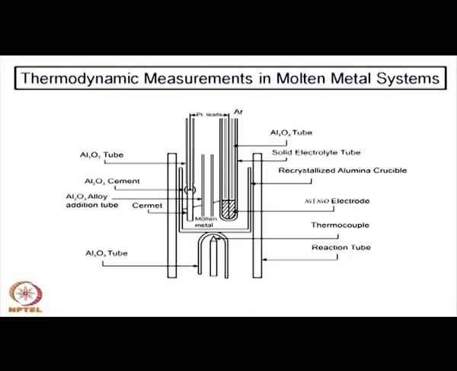Okay. And the same zirconia system can be used for creation of an electrochemical cell, and one can measure that. This is one example where you can see the crucible is basically made of recrystallized alumina having some molten metal.